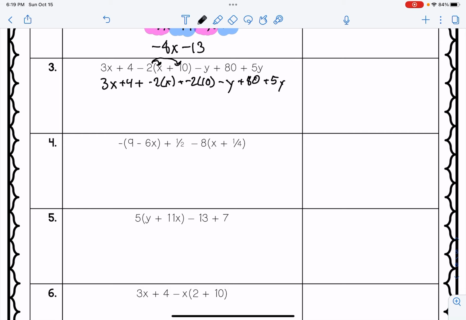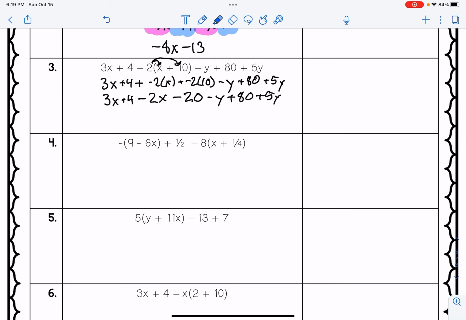Going to do those multiplications out right now, so bring everything else down. 3x plus 4. Well, negative 2 times x is a minus 2x. Negative 2 times 10 is a minus 20. Minus y plus 80 plus 5y. If it's not inside of the parentheses or right next to the parentheses, I leave it alone.